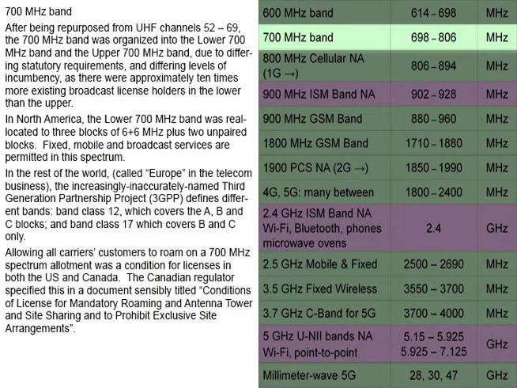Allowing all carriers' customers to roam on a 700 MHz spectrum allotment was a condition for licenses in both the US and Canada. The Canadian regulator specified this in a document sensibly titled Conditions of License for Mandatory Roaming and Antenna and Site Sharing and to Prohibit Exclusive Site Arrangements.